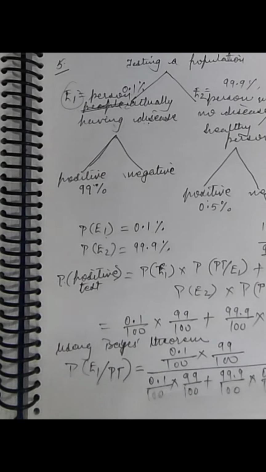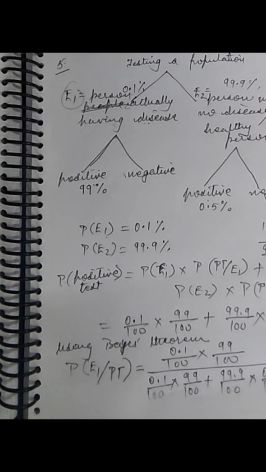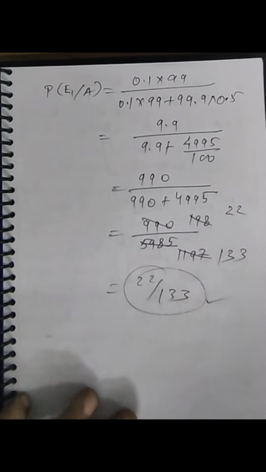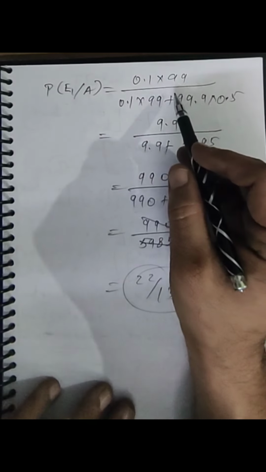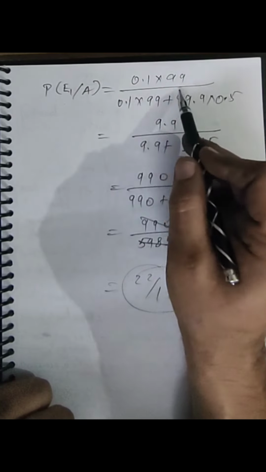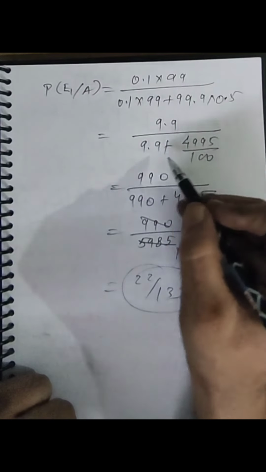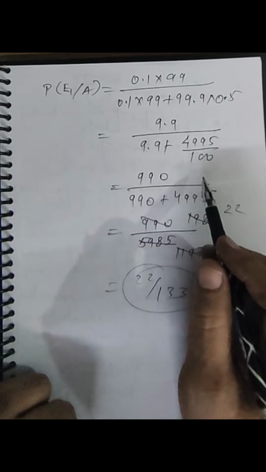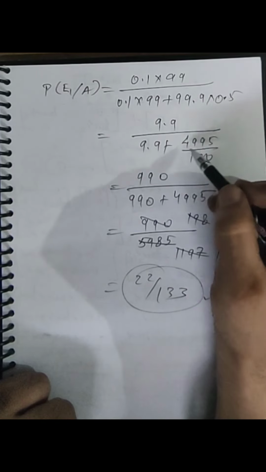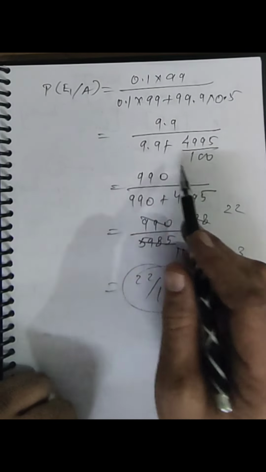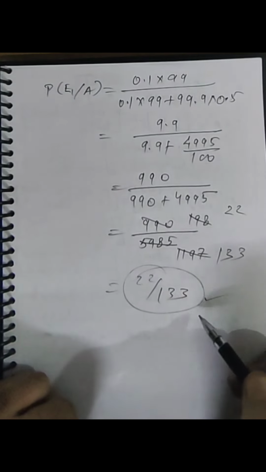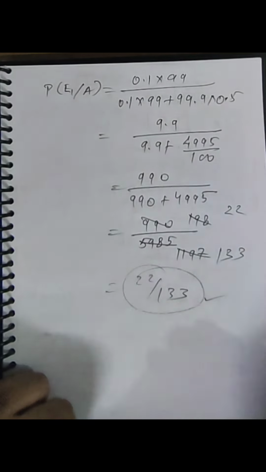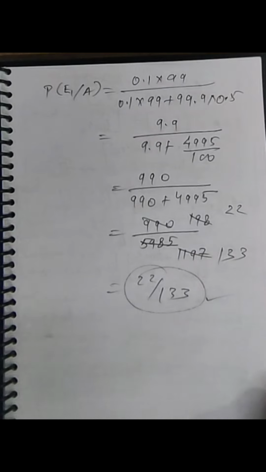Let me calculate and then let me put the answer. Now here I calculated it completely, cancellation of those terms of 100, and then I got 9.9, and I actually found the fraction, okay, and after completion I see it is 22 by 133. So this will help you out. I hope you get it. We will see the next question now.